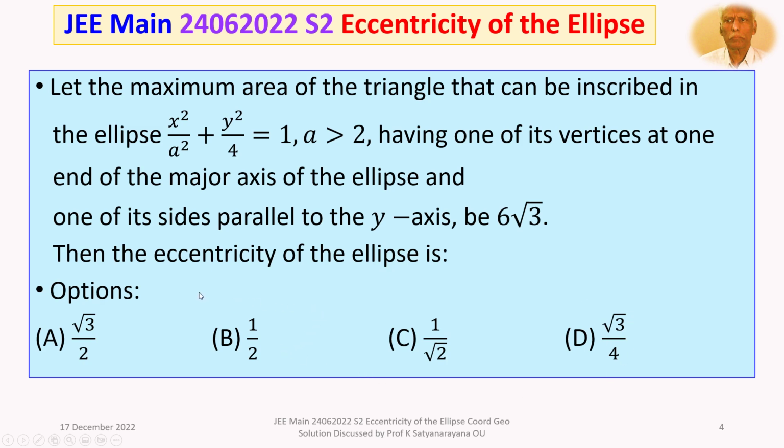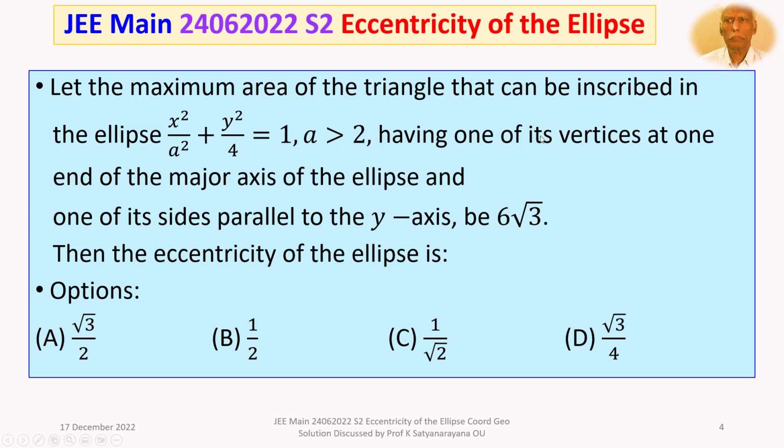We are given an ellipse x squared by a squared plus y squared by 4 is equal to 1, where a is greater than 2. A triangle is inscribed in this ellipse in such a manner that one of its vertices is at one end of the major axis, and one of its sides is parallel to the y-axis.